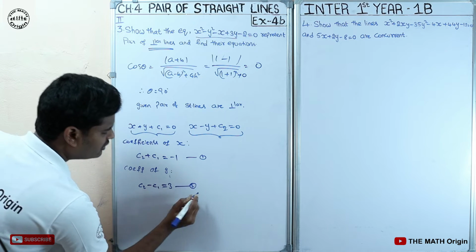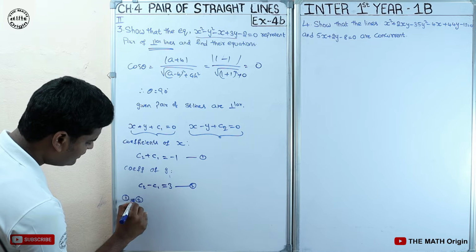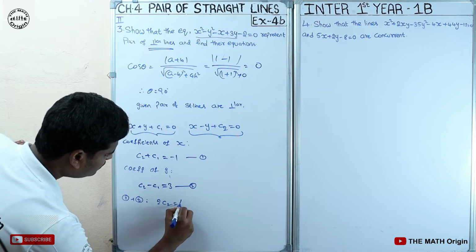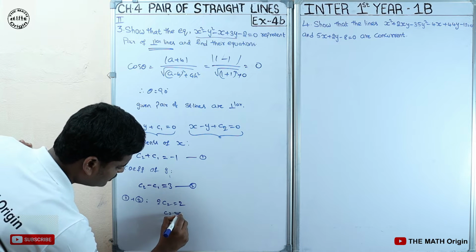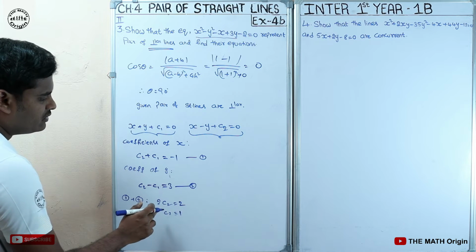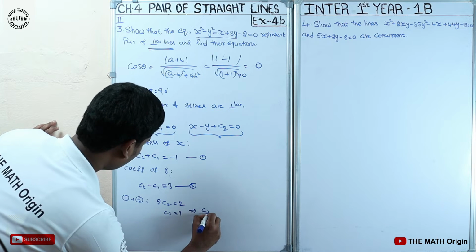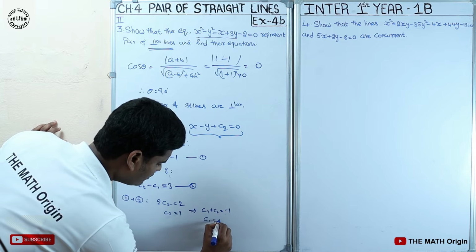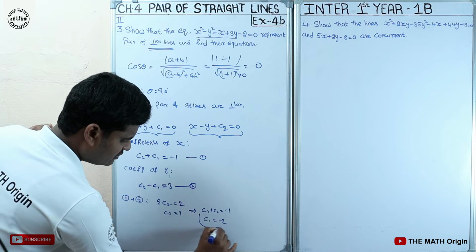Okay, equation 2. So from equation 1 and equation 2, if I add equation 1 and equation 2, it will be 2C2 is equal to 2. C2 is equal to 1. We got C2. Now from this C1 plus C2 is equal to minus 1, so C1 is equal to minus 2.